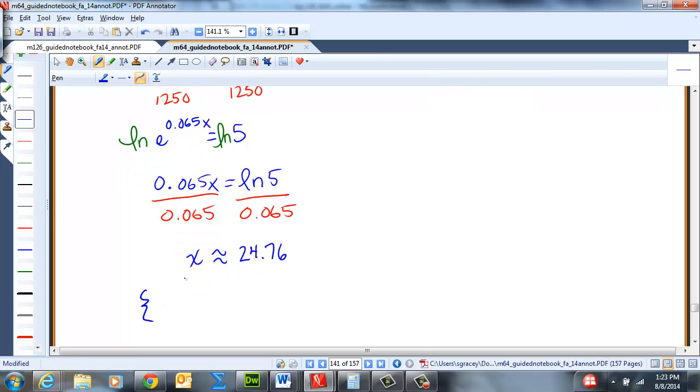If you want, you can put it in set brackets to show that's the only solution.